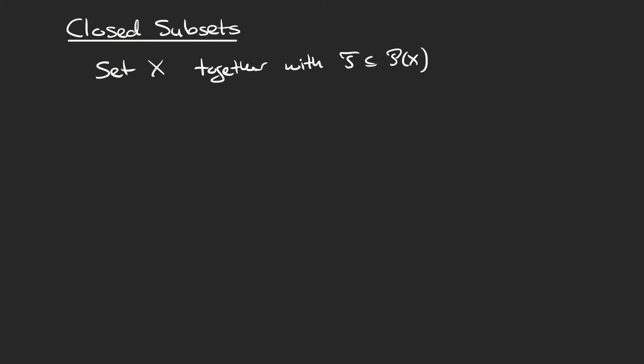So this topology T is a subset of the power set of X, so it just consists of subsets of X. And we call X a topological space, and this T is the topology on that space. Remember that we also called the elements of T open sets. And these need to satisfy certain axioms.